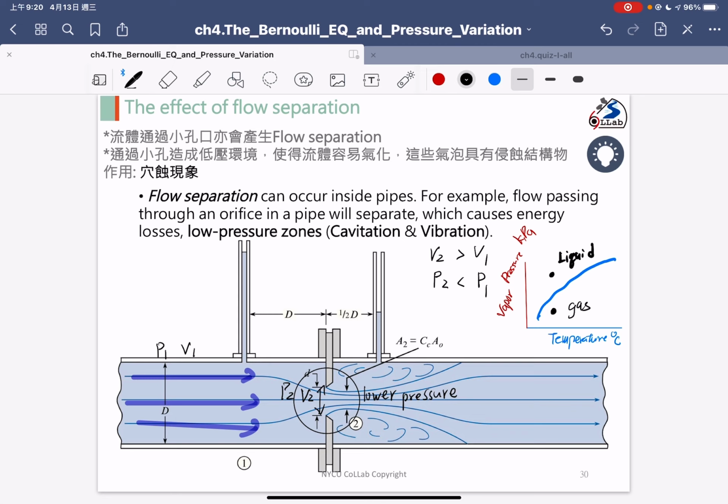So how is it different? If you have a lower pressure environment, the pressure is going down, right? So if you have a lower pressure environment in here, that indicates the point will move down. So the phase will start to move from liquid to gas.